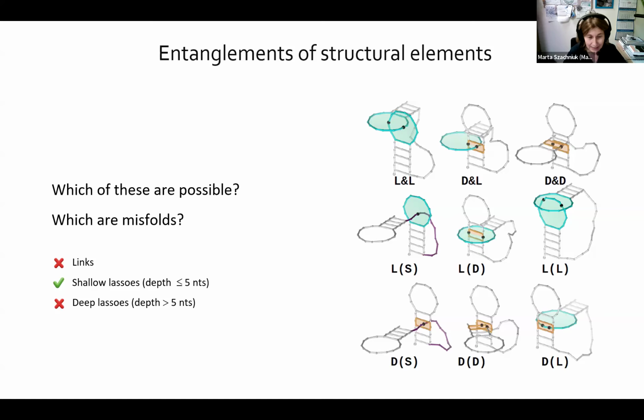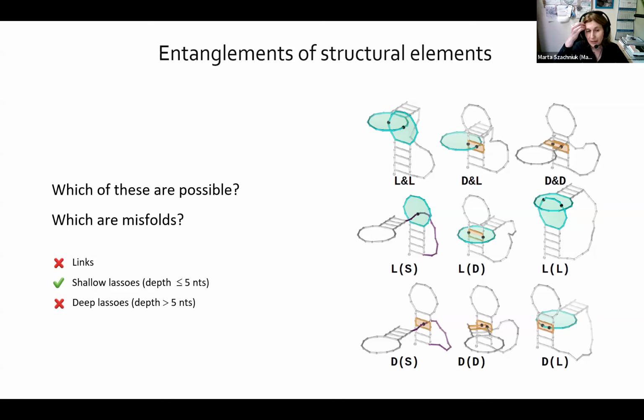So what we think is that all these 3 types of links, interlaces, are misfolds. And also deep lassos are misfolds, while shallow lassos may form in nature.